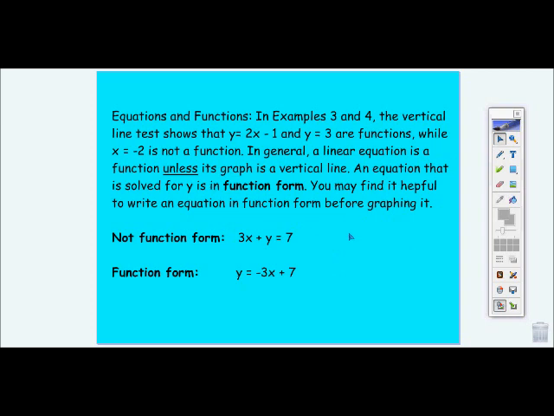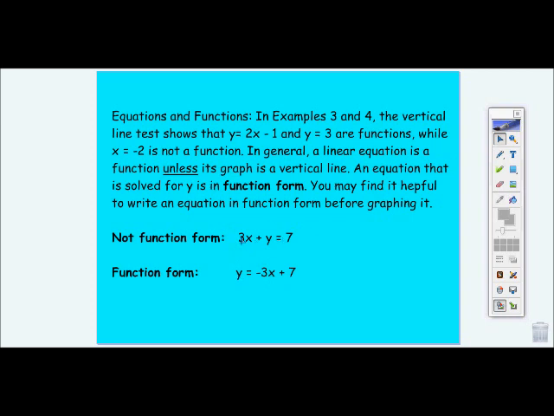The first thing we need to do is put this into function form. So when we put this into function form, we want to make sure that we have that y is going to equal something. Now why is that function form? Because remember, y is going to be our output, and the equation is going to be our input. We're going to put something into it, the x, and see what it makes happen for the y.